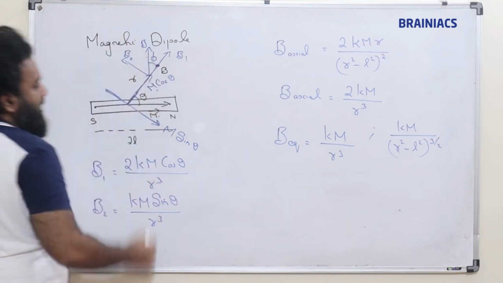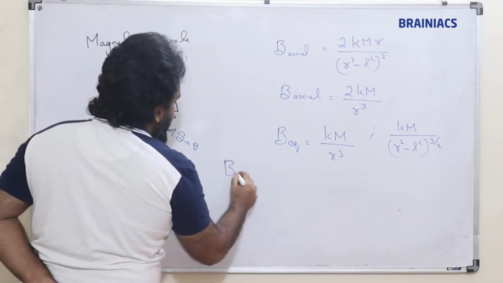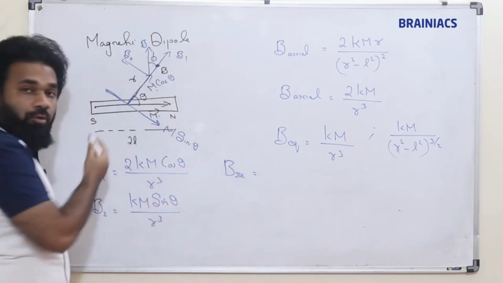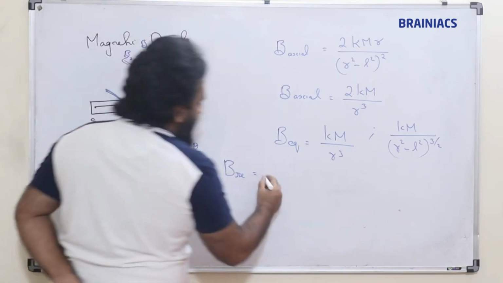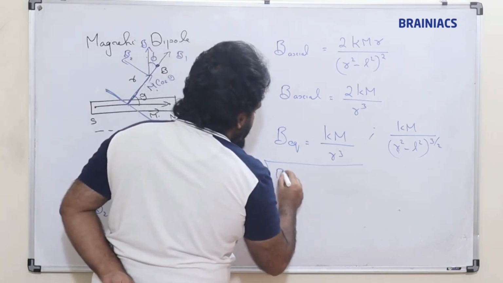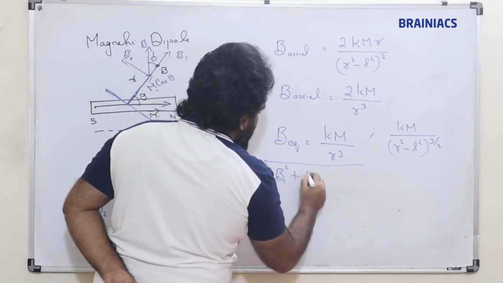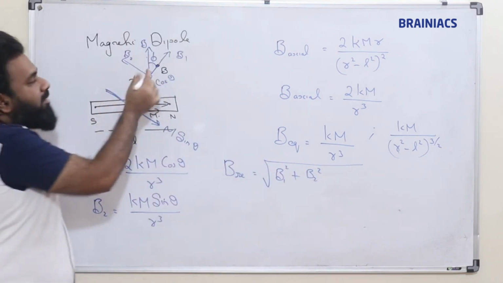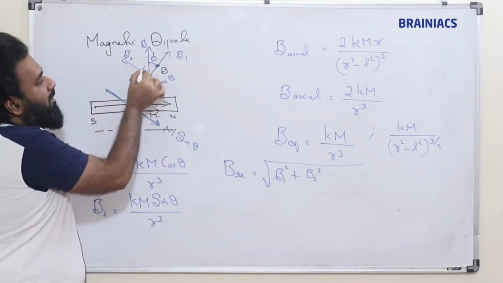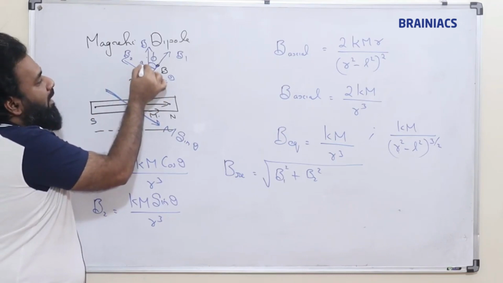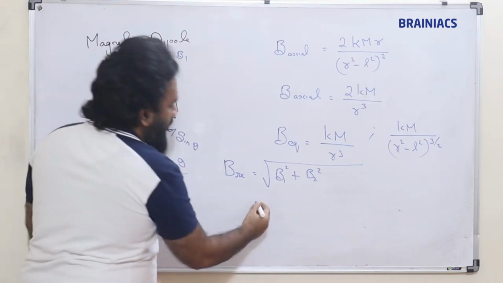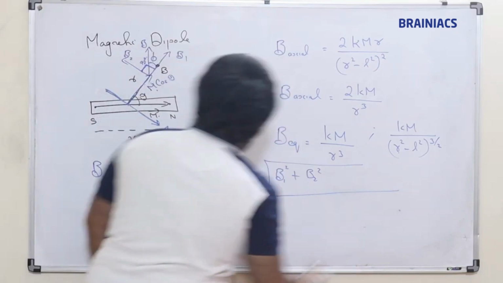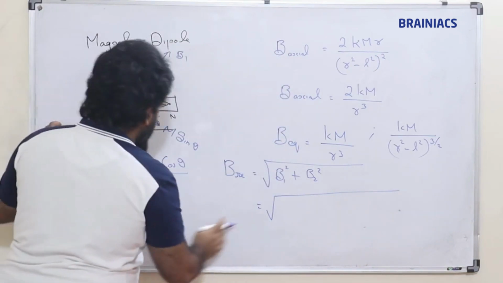Now to find the resultant, we will have to do the root of B1 square plus B2 square. The cos of the angle between them will become 0 because they are at 90 degrees.